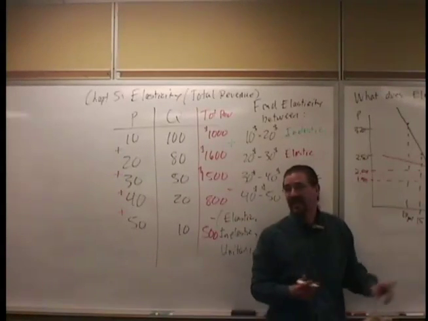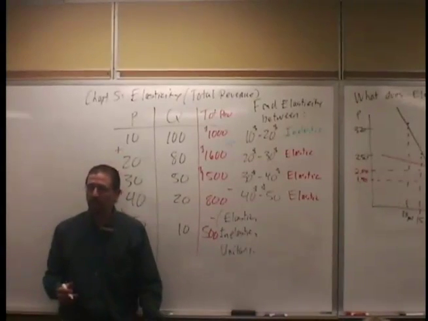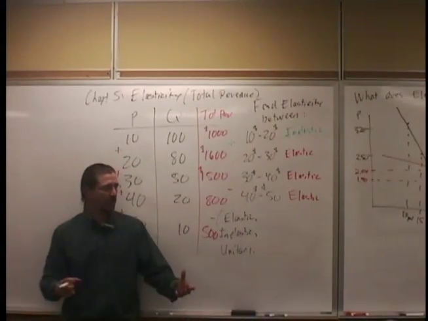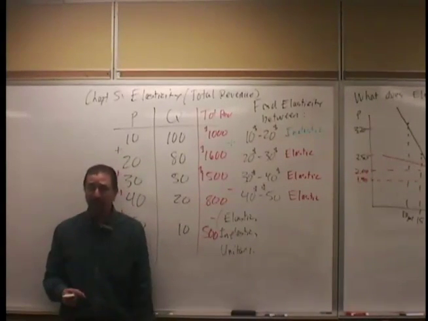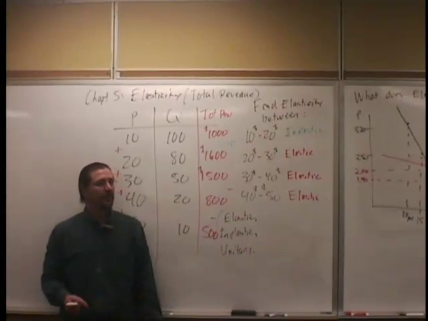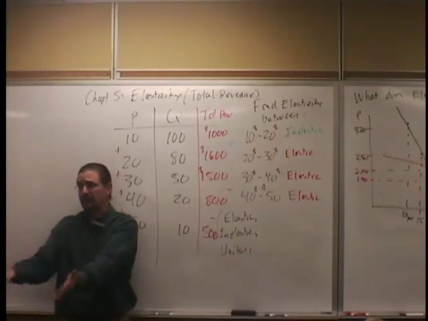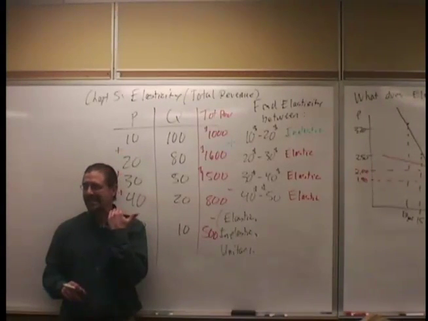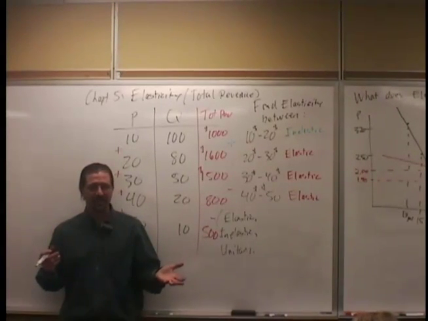So perfect inelasticity is stuff like medicines, right? Where if you don't get them, you're dead. So if those medicines cost $10 a pill, you pay $10 a pill. If they cost $50 a pill, you pay $50 a pill. If they cost $1 million a pill, you pay $1 million a pill. That's what perfect inelasticity is.